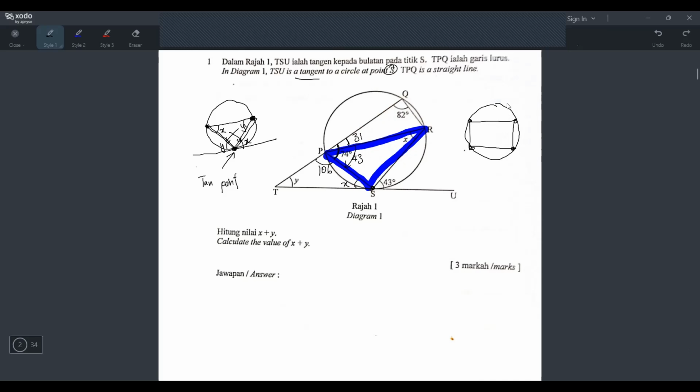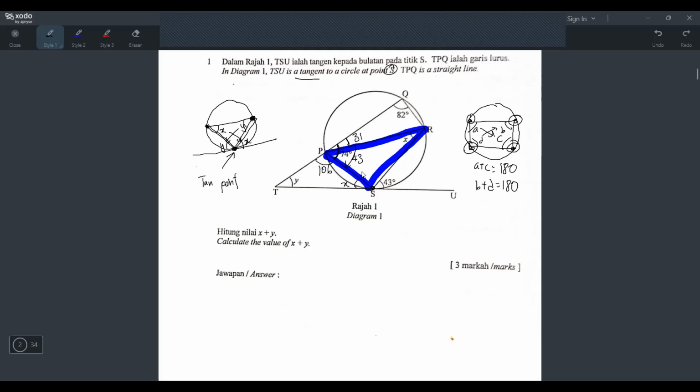If it's not on the side, then we don't count it as a cyclic quadrilateral. But if all four vertices are on the side of the circle, then it's called a cyclic quadrilateral, and we can use this formula. A, B, C, D, and then A plus C is 180. B plus D equals 180. Only if it's a cyclic quadrilateral can we use this, right? And this is memang a cyclic quadrilateral because PQRS are all on the side of the circle.